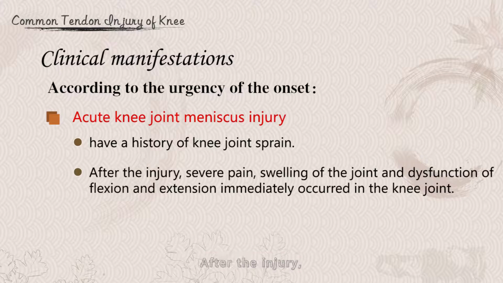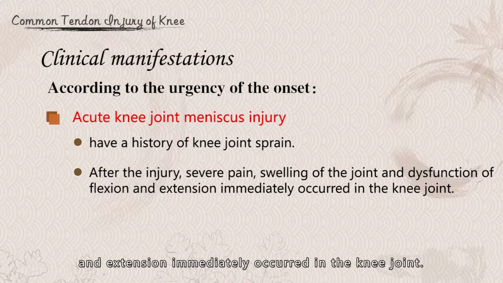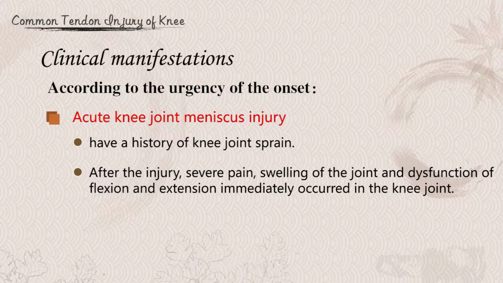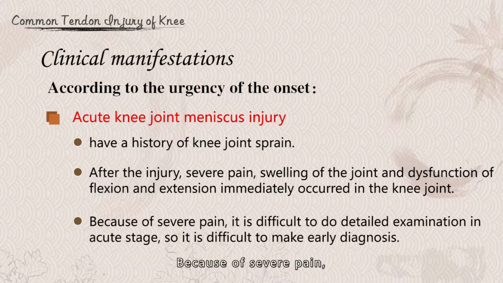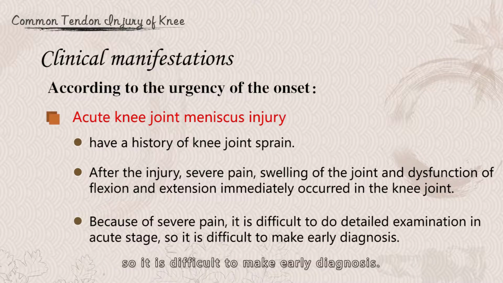After the injury, severe pain, swelling of the joint and dysfunction of flexion and extension immediately occur in the knee joint. Because of severe pain, it is difficult to do a detailed examination in the acute stage, so it is difficult to make an early diagnosis.